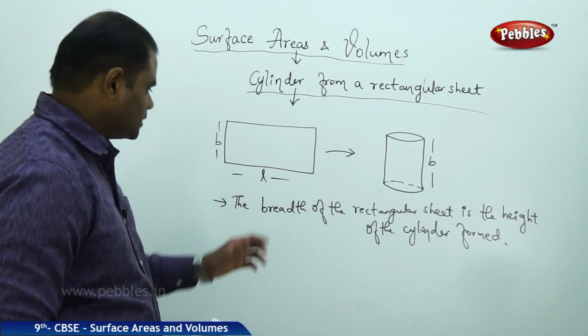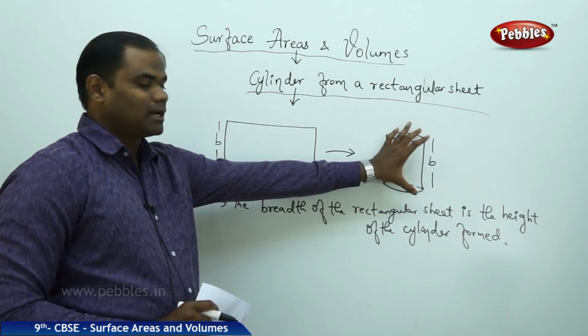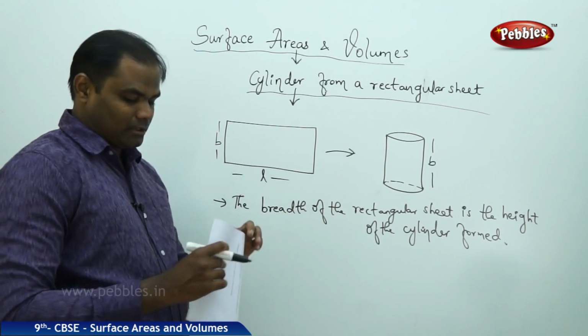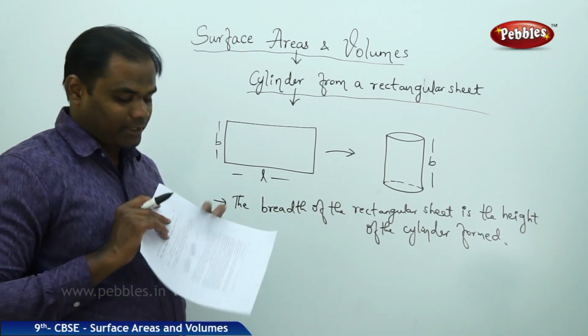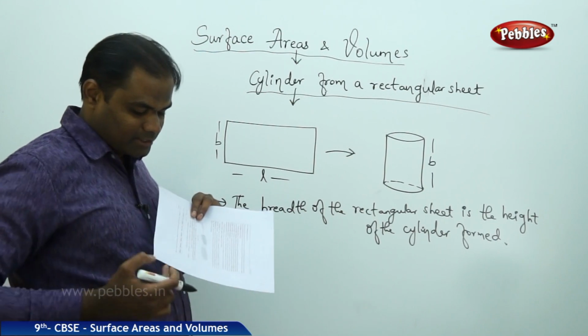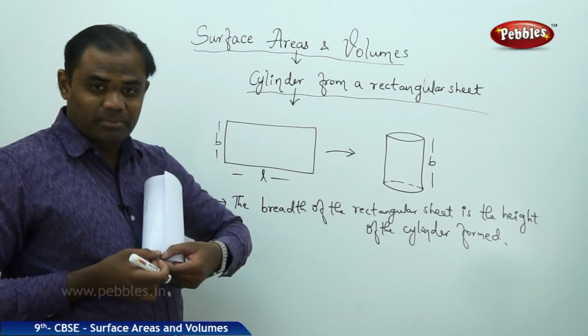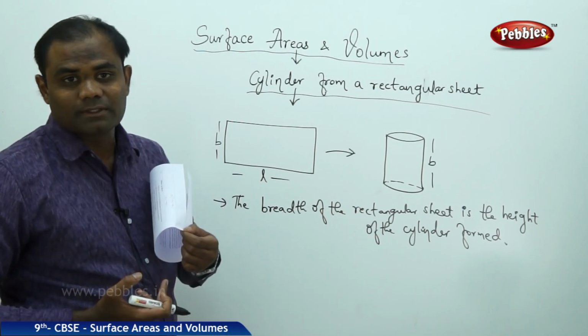As can be clearly seen here, the breadth of the rectangle is the height of the cylinder as formed. And let's see what happens to the length of the rectangle. As we just take this and roll, the length of the rectangle becomes the circumference of the circle.